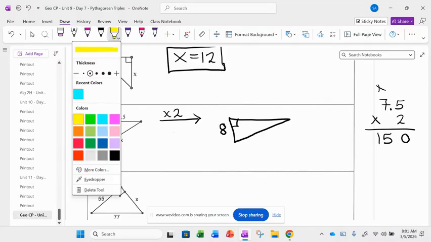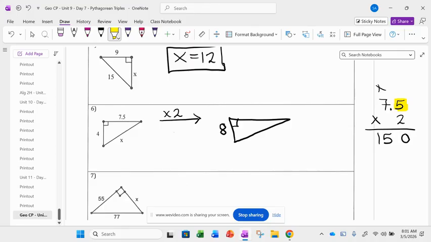Remember, when you're multiplying decimals, because there's one number in total to the right of the decimal in this problem, we're going to make sure that there's one number in total to the right of the decimal in our answer. So our answer is 15.0. Do I need that 0.0? No, that's saying point nothing, right? So we don't need that 0.0. So that tells me that this side is 15.